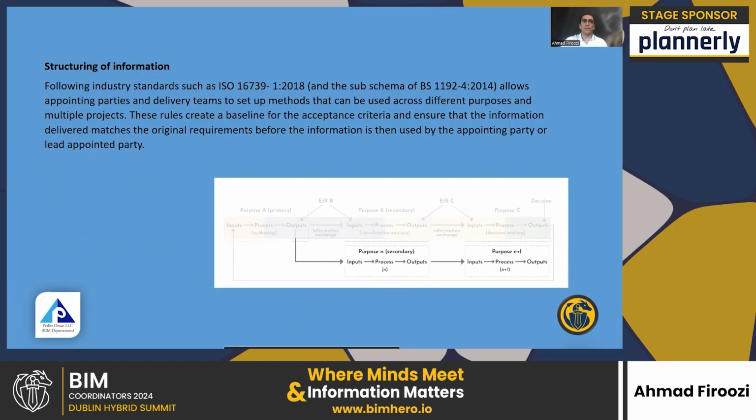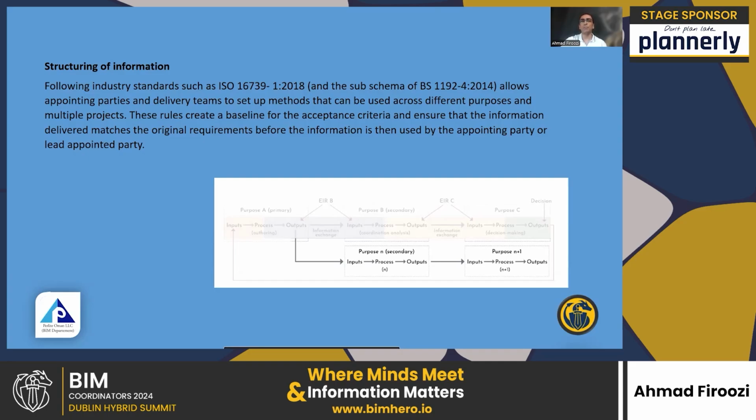Following industry standards such as ISO 16739-1 2018 and the sub-schema of BS 1192-4 2040 allows appointing parties and delivery teams to set up methods that can be used across different purposes and multiple projects.